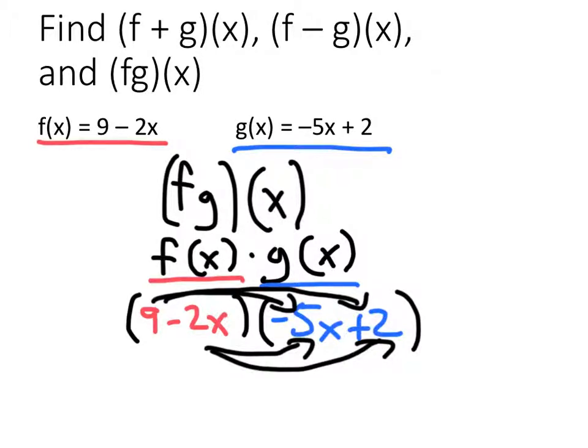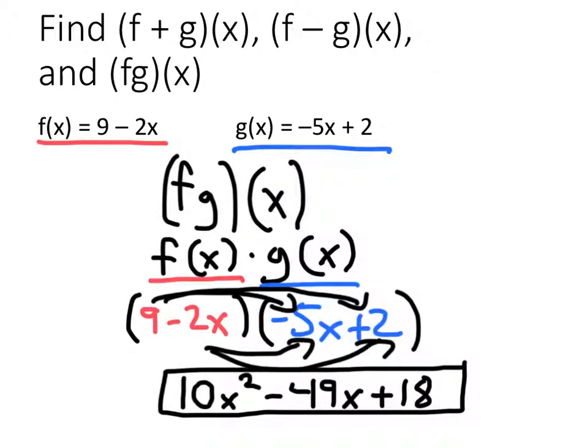So first I distribute the 9 times negative 5x, and 9 times positive 2. And then I distribute the negative 2x: negative 2x times negative 5x, and then negative 2x times positive 2. And so the expression for f g of x is 10x squared minus 49x plus 18.